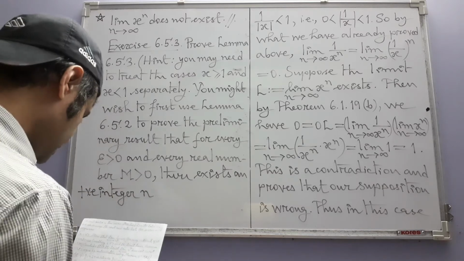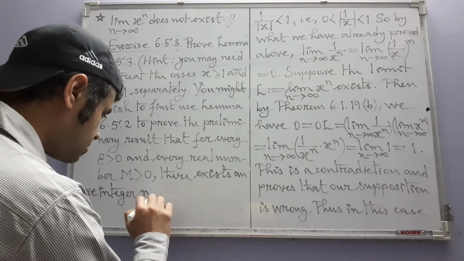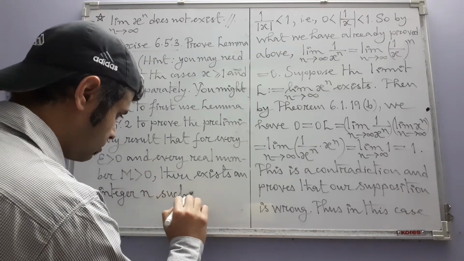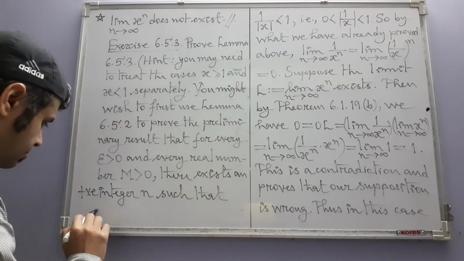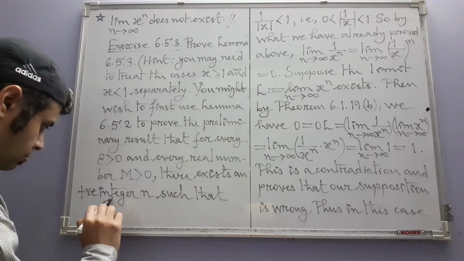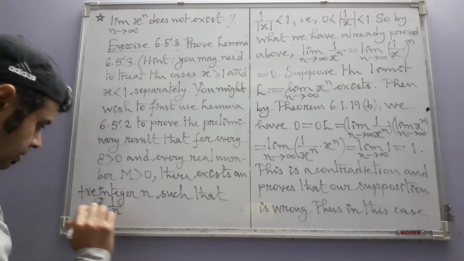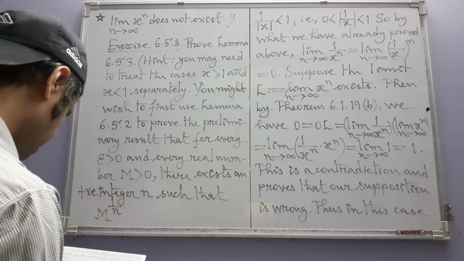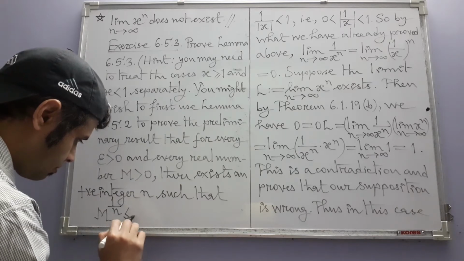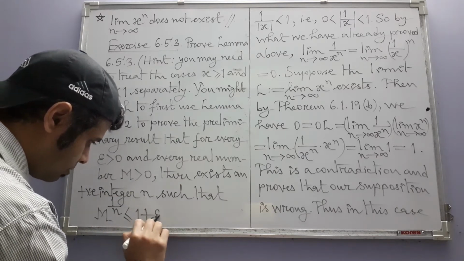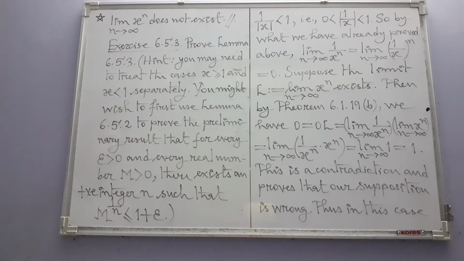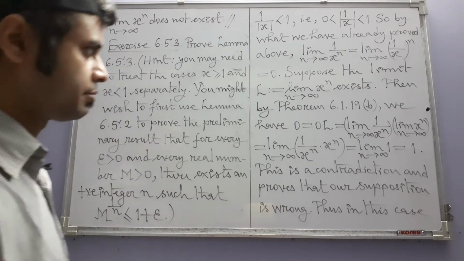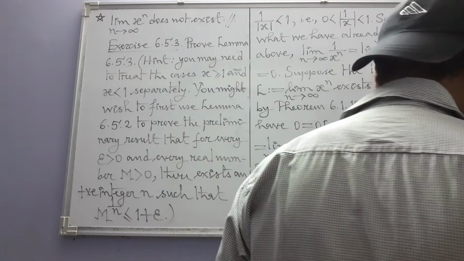A positive integer n such that, yes, this will be needed, the nth root of m is less than or equal to 1 plus epsilon. So the hint is quite large, but we will need this hint.